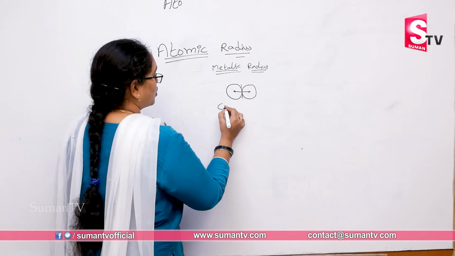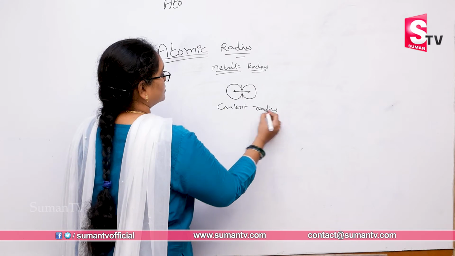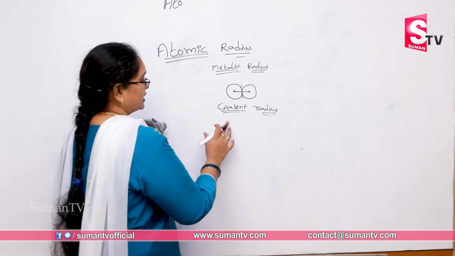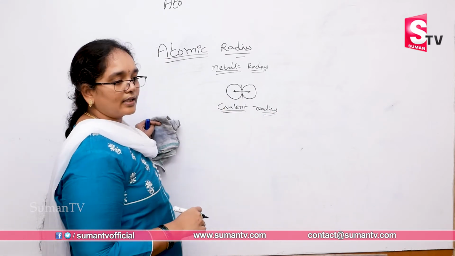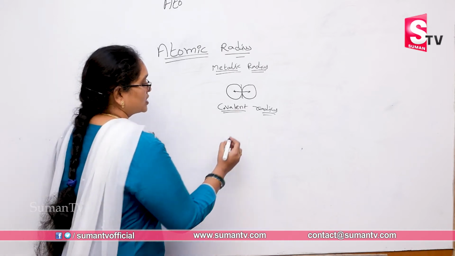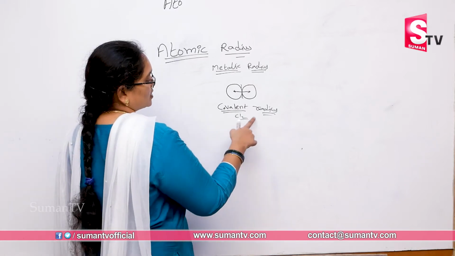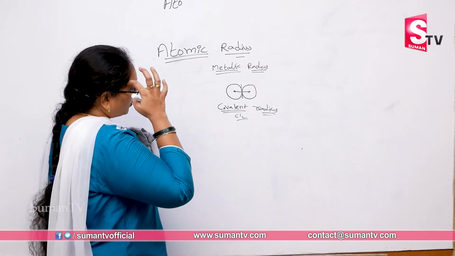Next we have the covalent radius. This radius is measured for atoms or molecules formed due to a covalent bond. Take the simple Cl2 molecule. One chlorine is bonded to another chlorine through a covalent bond.